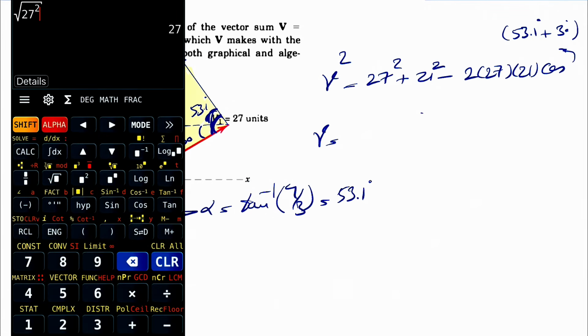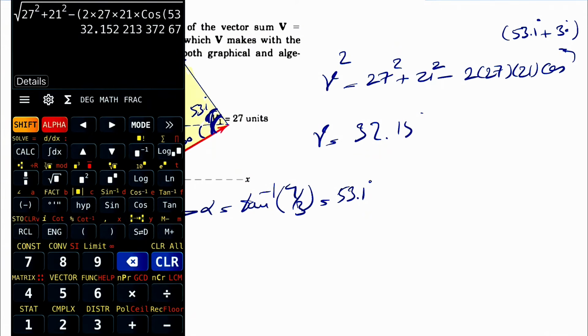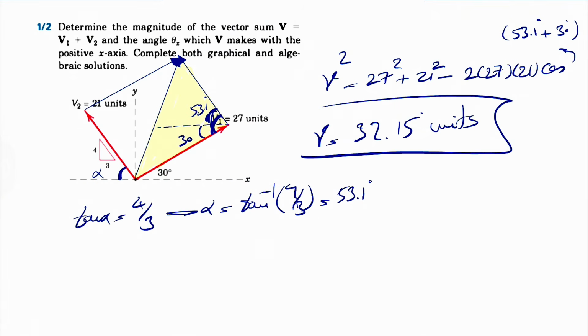So the square root of 27 squared plus 21 squared minus 2 times 27 times 21 times cosine of 53.1 plus 30, and this is going to give us 32.15 units. So that's the magnitude of v.